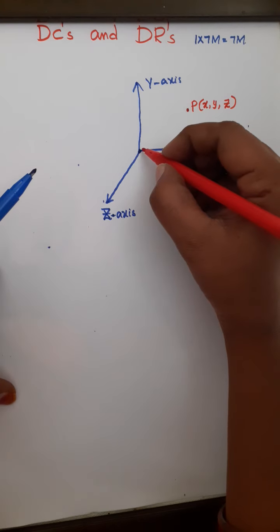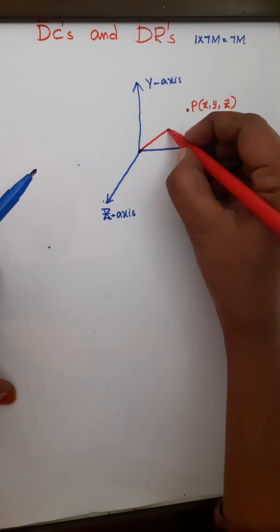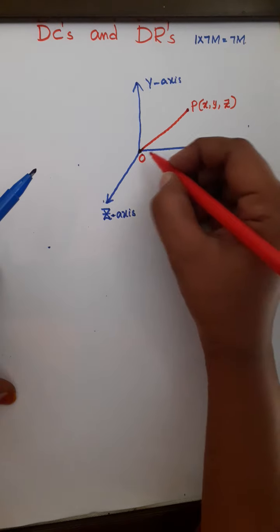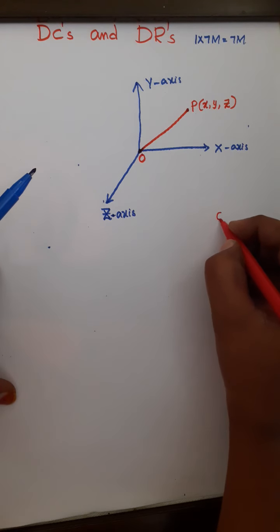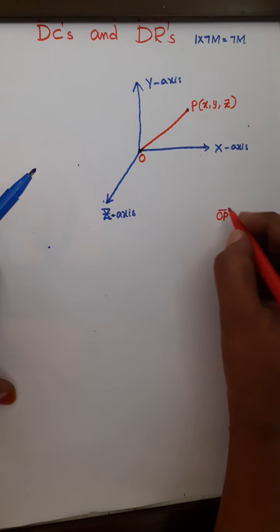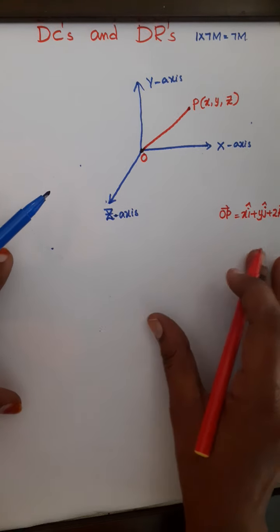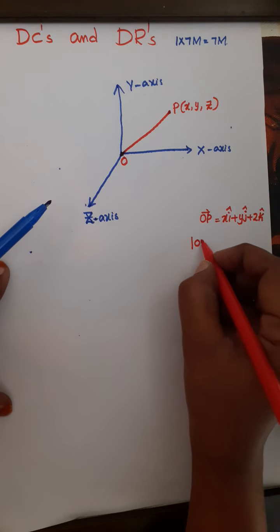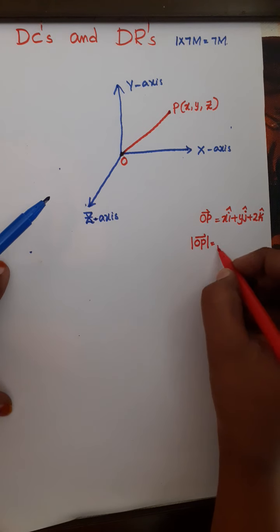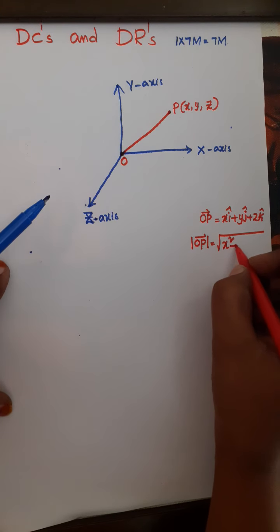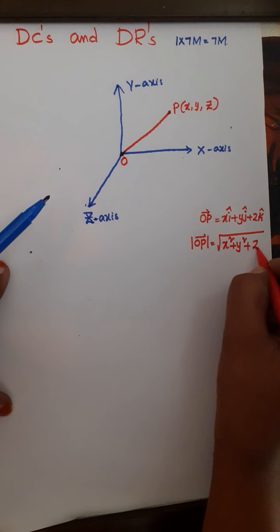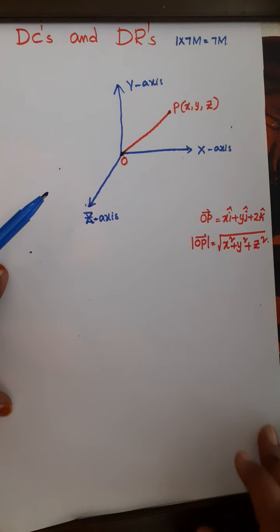It has three coordinates: x coordinate, y coordinate and z coordinate. If you join that line, that OP, right, the OP vector is denoted with xi plus yj plus z, another vector we are taking k. And can you tell me what is the magnitude of OP? Under square root of x square plus y square plus z square, right?